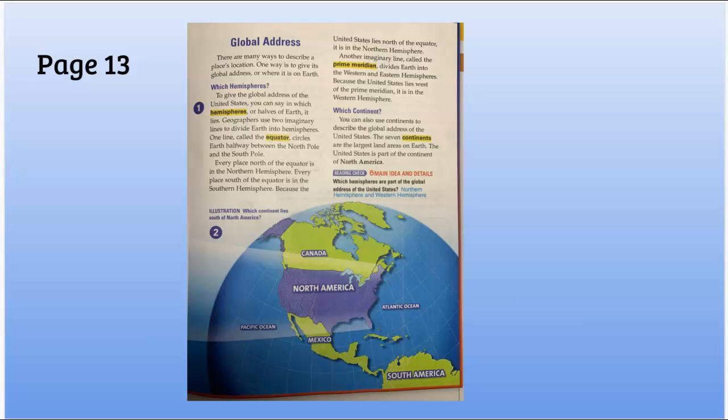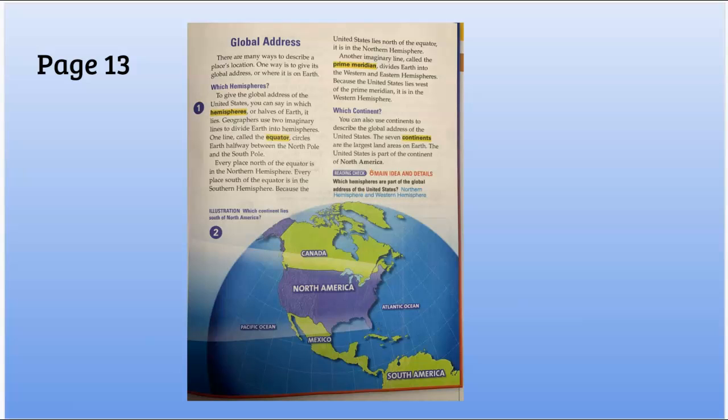One line, called the equator, circles Earth halfway between the United States and the South Pole. Every place north of the equator is in the northern hemisphere. Every place south of the equator is in the southern hemisphere. Because the United States lies north of the equator, it is in the northern hemisphere.